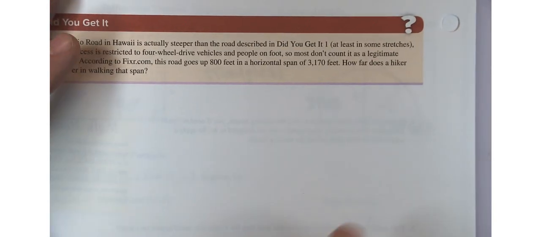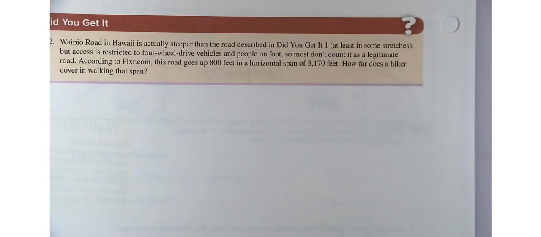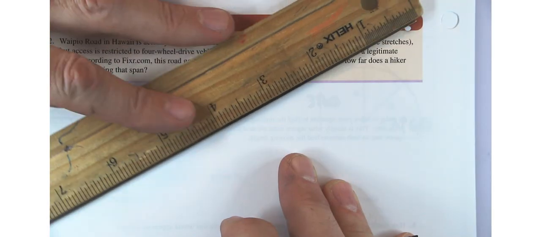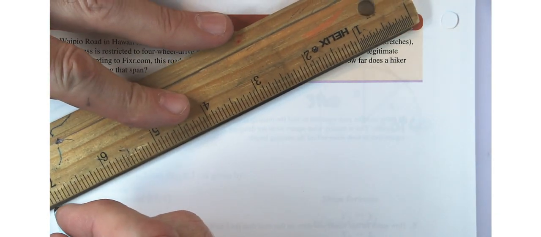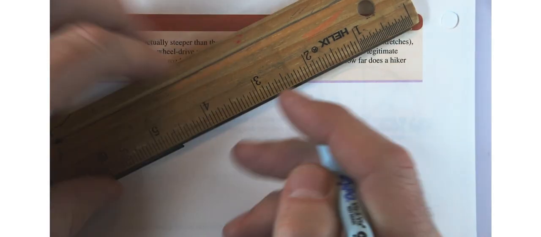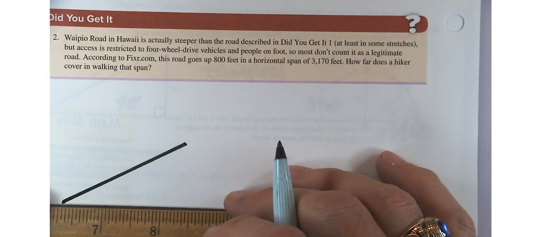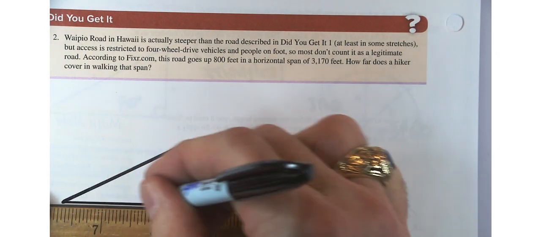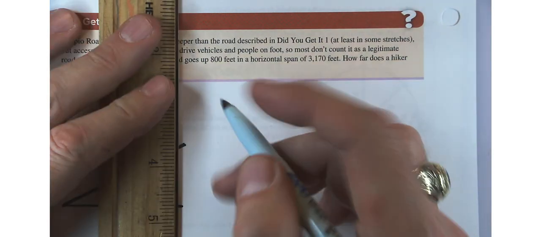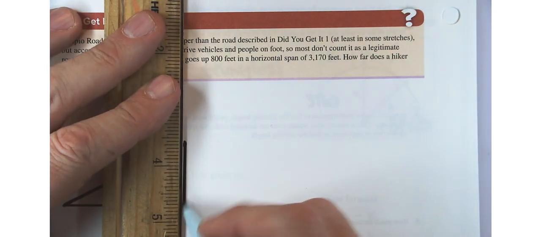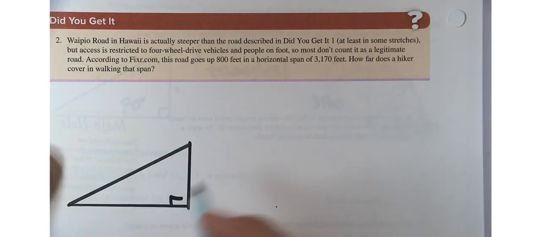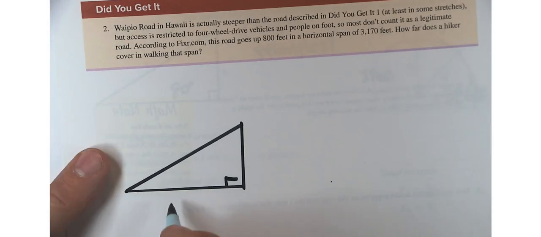So let me draw that for you, and let's see if we can't figure that out. So the right triangle problem turns into this. And again, this is not drawn to scale. So this distance was 3,960.